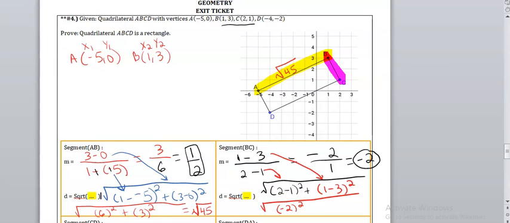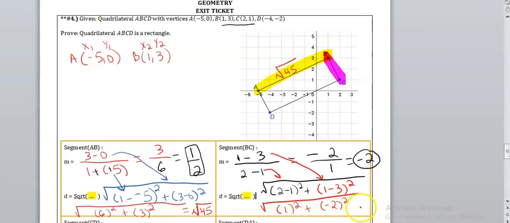No, my mistake. It's going to be 1 squared. Yes, that's correct. Plus negative 2 squared. When you square a negative number, it ends up positive. So 1 squared is simply 1, and negative 2 squared is simply 4.